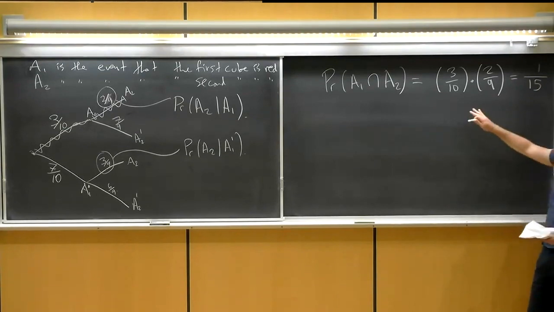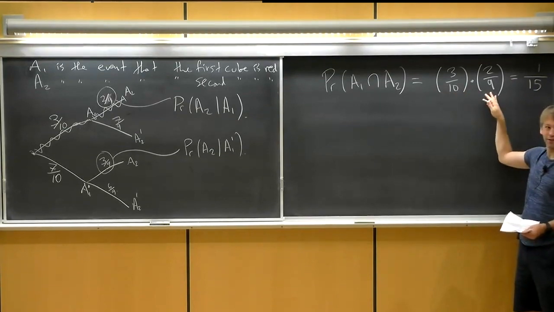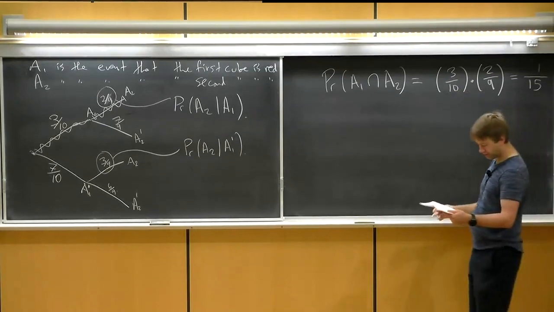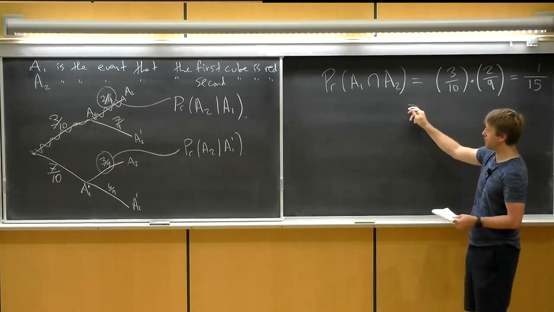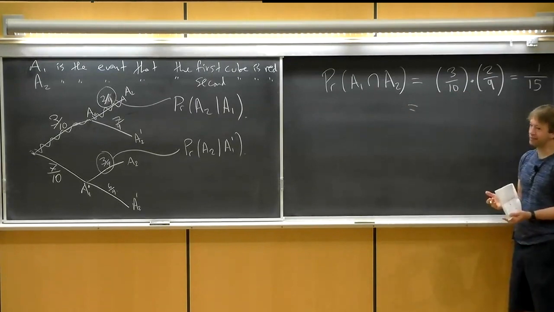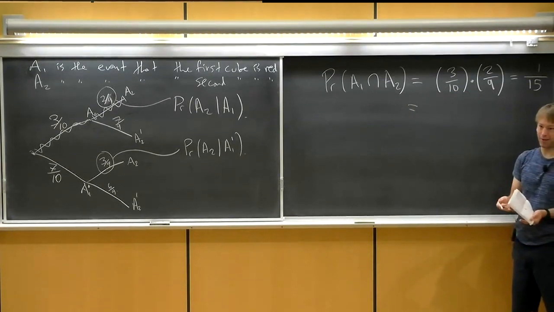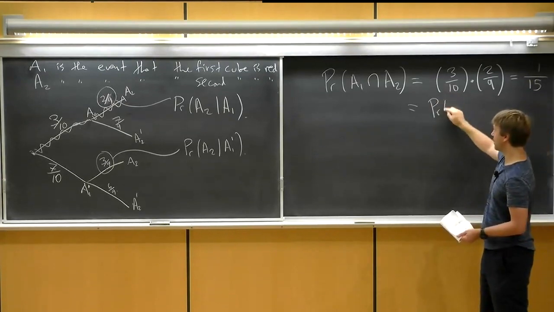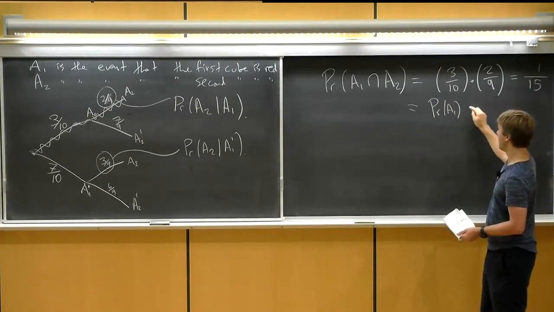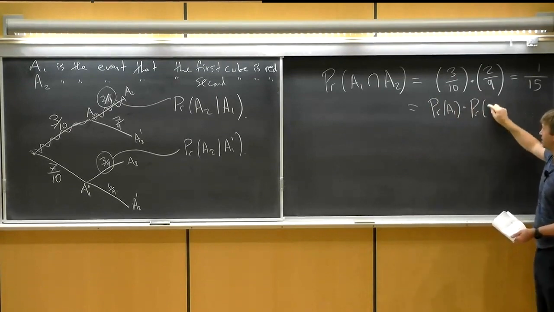So is it clear how I came up with these numbers? Okay. And in some sense, this is not different from the conditional probability part of this chapter, because all I computed here was the probability of A1. And here I computed the probability of A2 given A1.